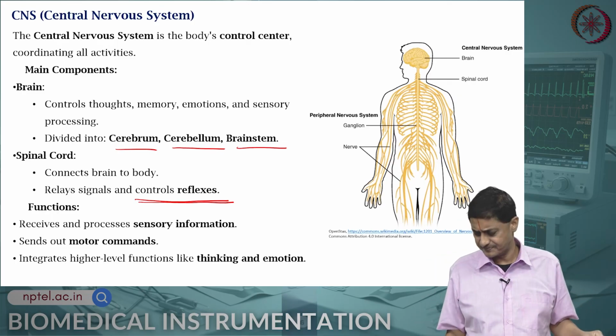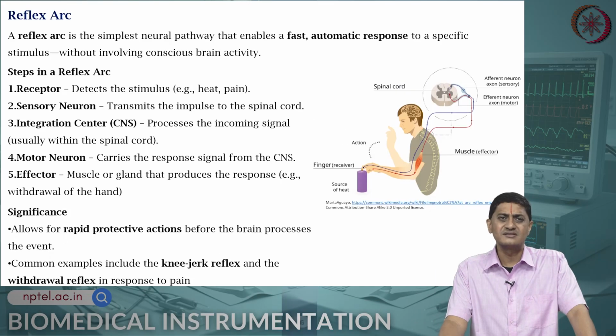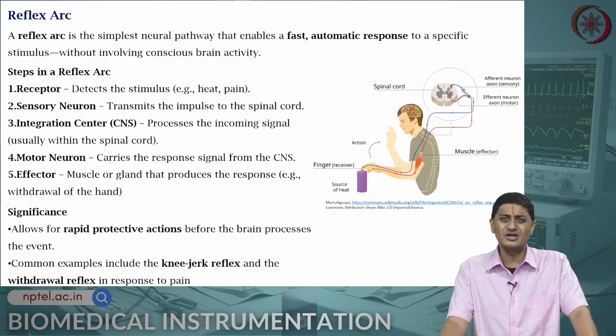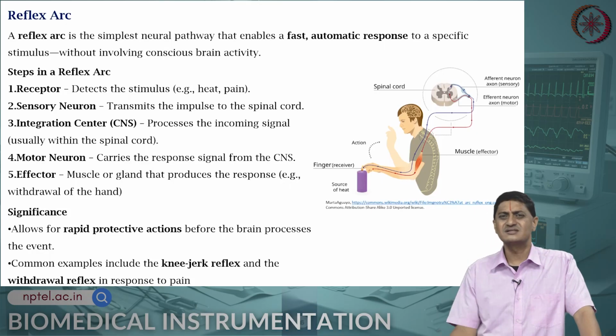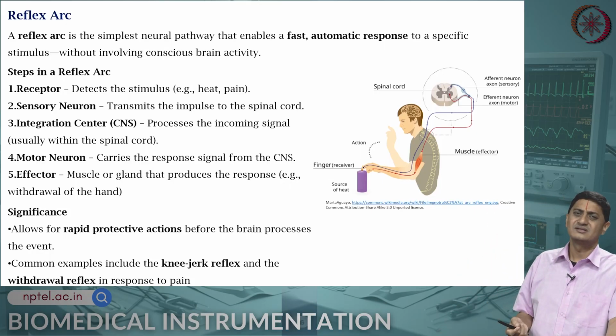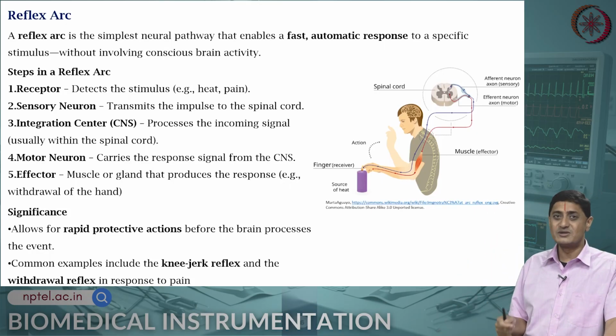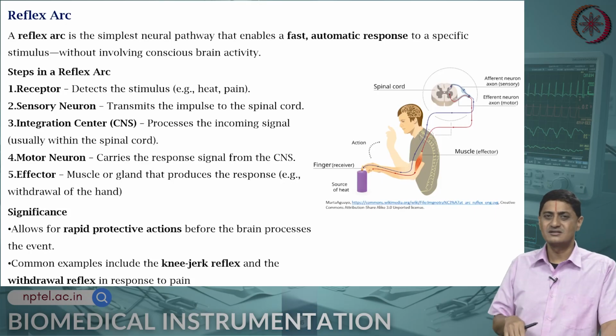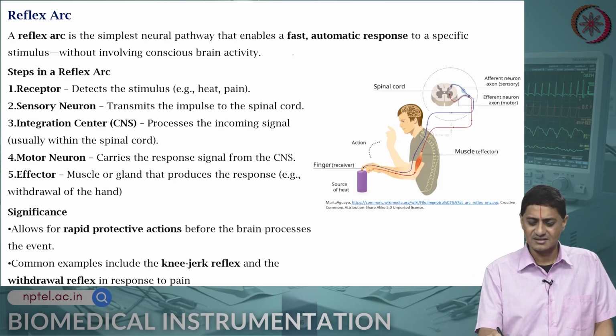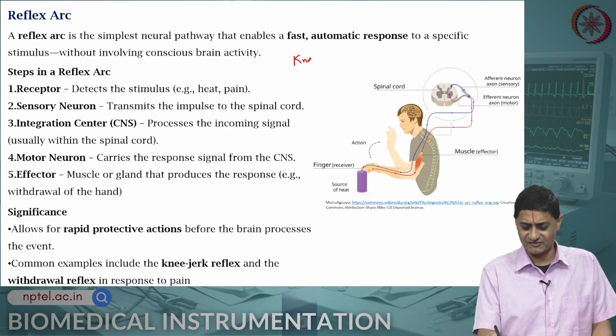many other things. A reflex arc is the simplest neural pathway that enables a fast automatic response to some stimulus. For example, the most common example is the T reflex, in which you tap the tendon just below the knee and then there will be a response, that is called the knee jerk reflex, is it not?